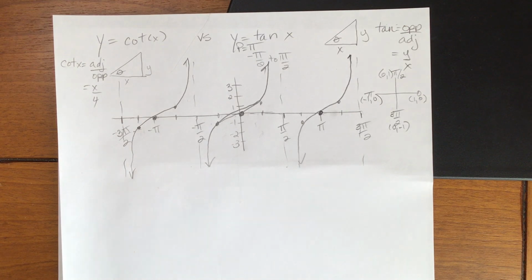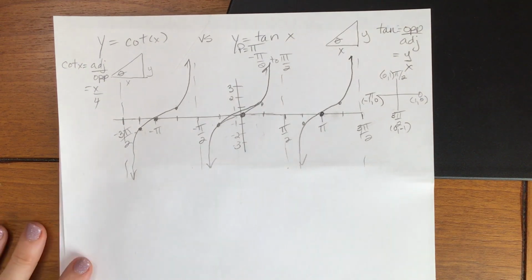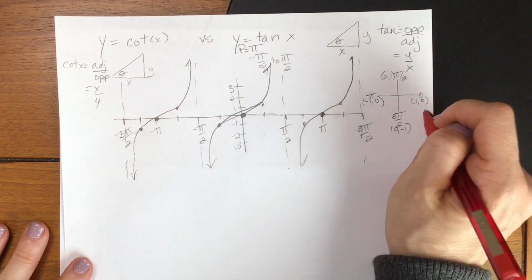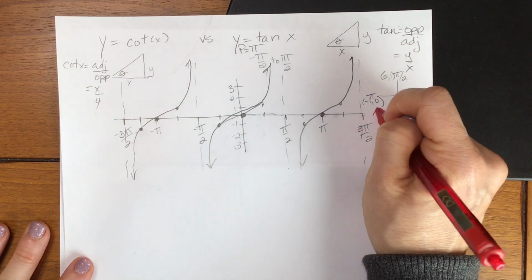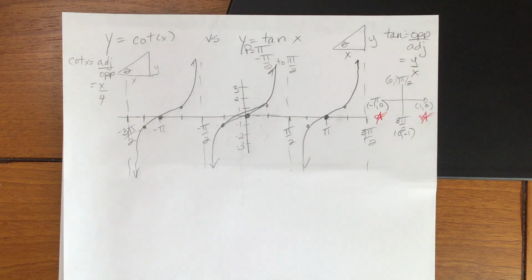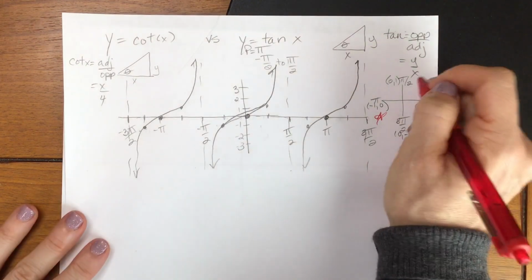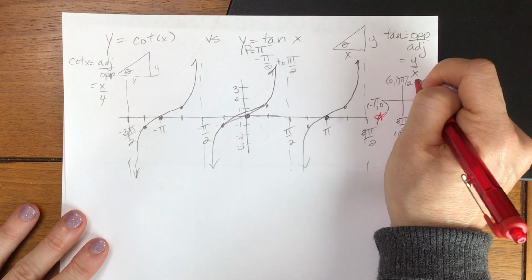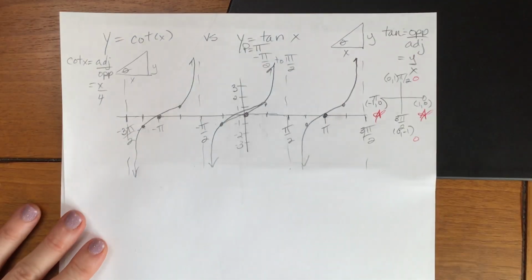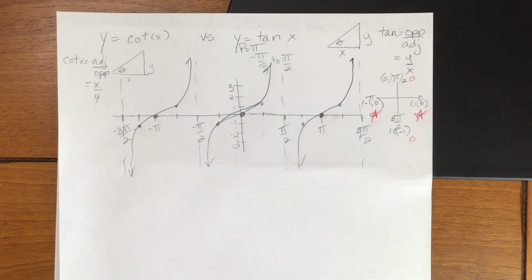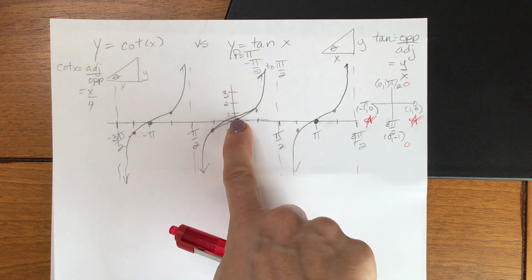Now, if we think about cotangent, cotangent is x over y. So here at the 0 and the pi's, we're going to have undefined. And up here at pi over 2, this is where we're going to have our zeros. And so what that did was it started our asymptotes at 0.